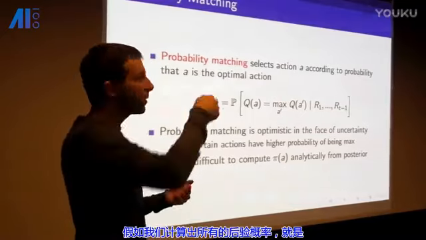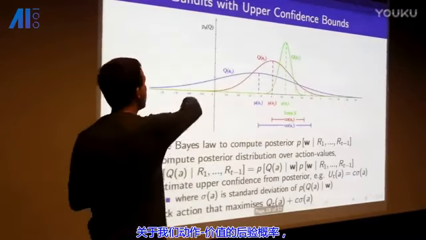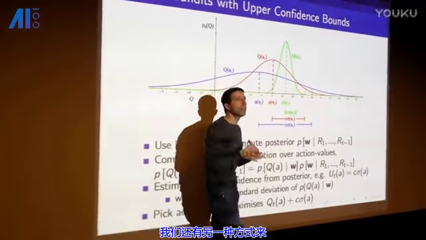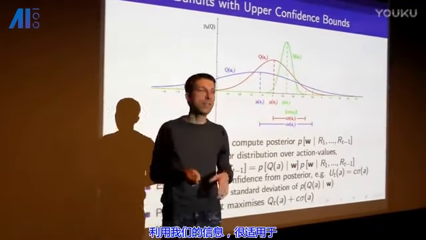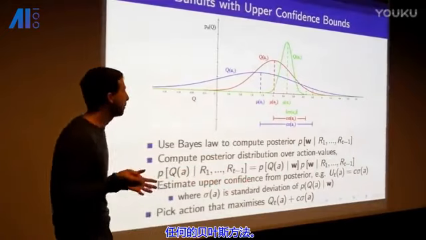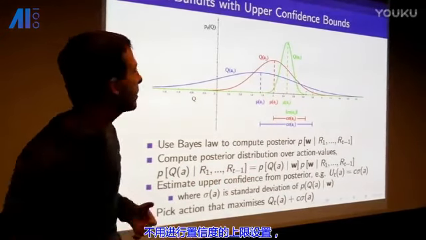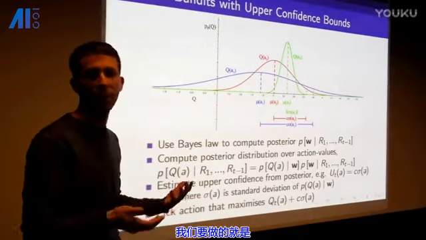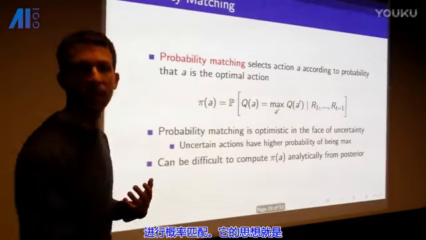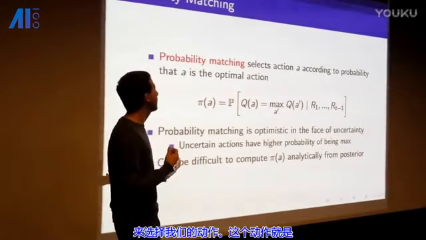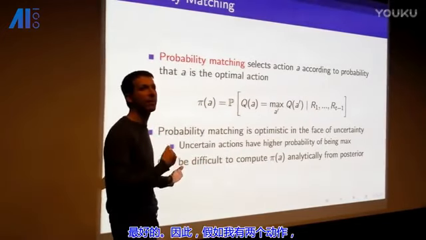Okay. There's a second way to make use of our probability distribution. So if we've computed all of these posterior distributions over our action values, so we've got the blue guy and the red guy and the green guy, there's another way to make use of this information. And this is also true for any Bayesian method. The idea is to do something called probability matching. So instead of the upper confidence bound idea, the idea is to select an action according to the probability that that action is actually the best one.